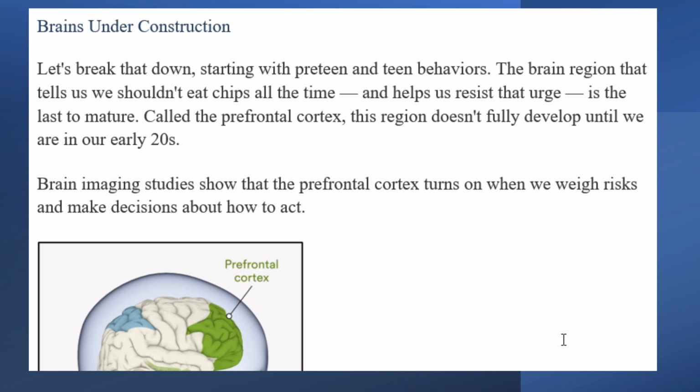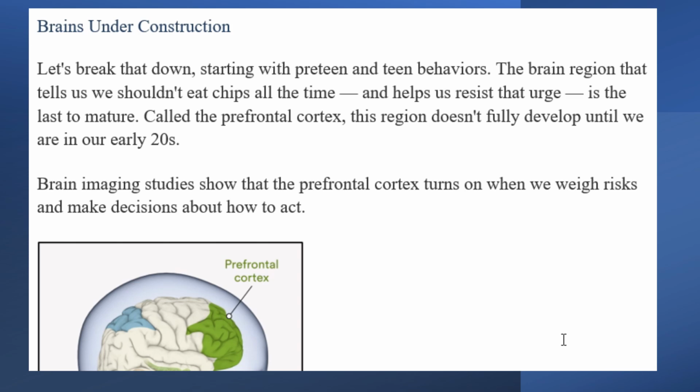Brains under construction. Let's break that down, starting with preteen and teen behaviors. The brain region that tells us we shouldn't eat chips all the time and helps us resist the urge is the last to mature, called the prefrontal cortex. This region doesn't fully develop until we are in our early 20s.